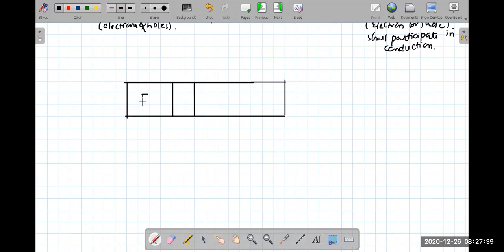This is what is called emitter. This region is what is called base. This region is what is called collector. Understood? So emitter, base, collector.